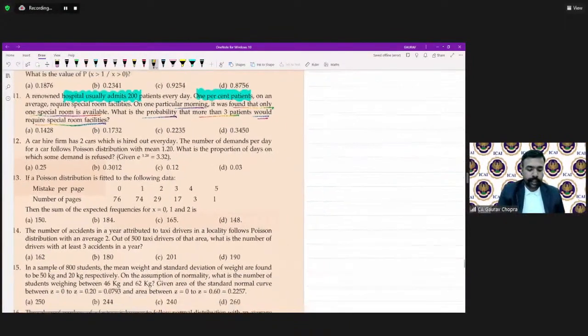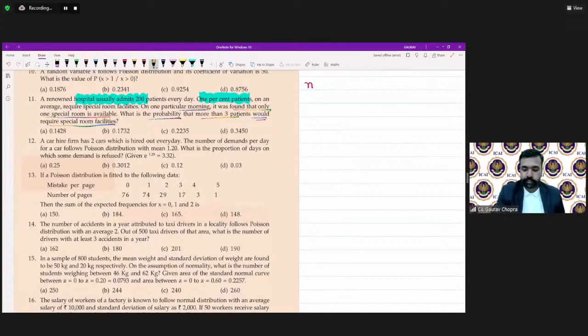N is 200, and probability is 1% because 1% requires the special room facility. So what is mean? Mean is 200 multiplied with 1%. So what is 1% of 200? It is 2. So mean is 2.